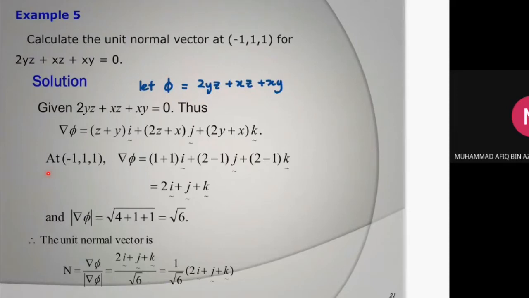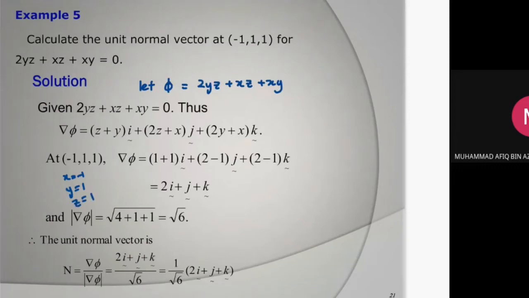At point (-1, 1, 1), your del phi will be 2i plus j plus k. Just substitute x equal to negative 1, y equal to 1, and z equal to 1, then you get this value.